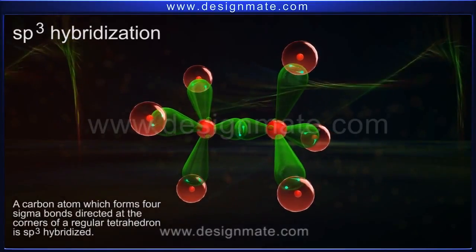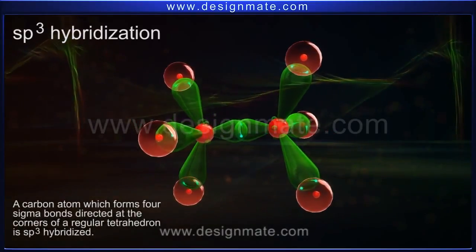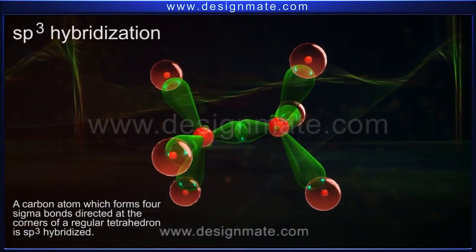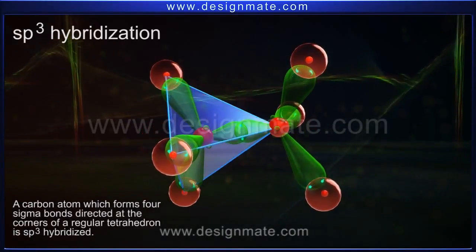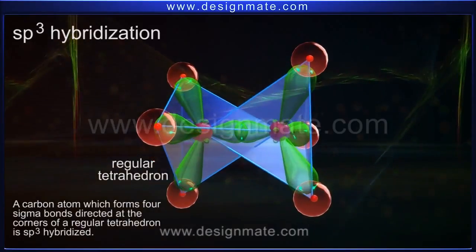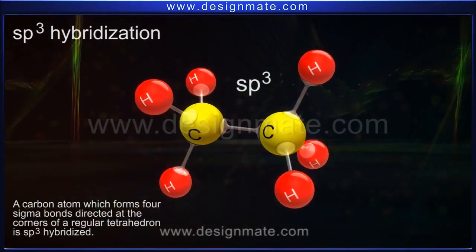Note that whenever a carbon atom in an organic compound forms 4 sigma bonds, which are directed along the corners of a regular tetrahedron, it is sp3 hybridized.